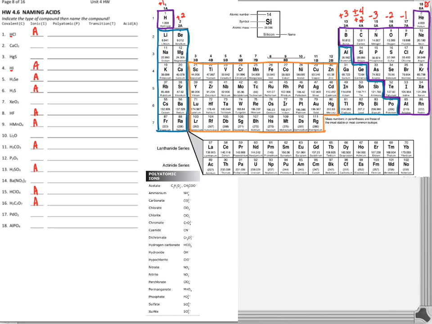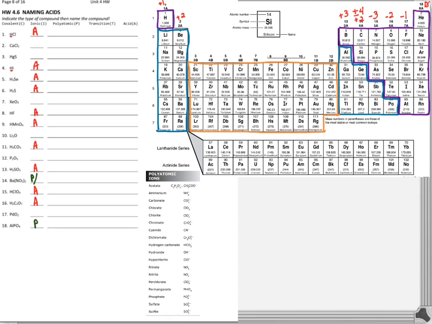And let's see if we have regular polyatomic ions. Yes, we do. We have 14. It's polyatomic, but we don't know if it's just ionic or if it's transition. We don't know yet, so we're going to wait. I'm going to put a little slash. And then we also have number 18. That one's also polyatomic. All right, so I've identified all my acids and all my polyatomic ions.